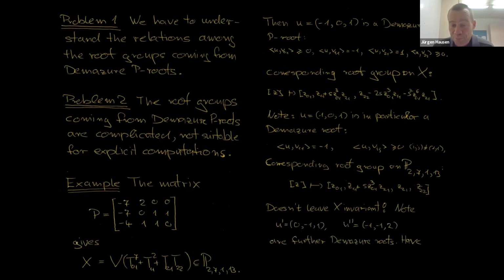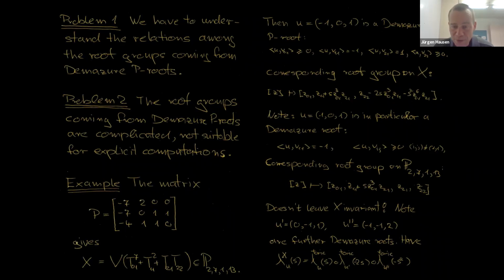What can we do? In this case, we can study the example and find two further Demazure roots. They are not Demazure P roots, but they are Demazure roots. And with the help of these two Demazure roots, we can do something. Namely, the root group of our Demazure P root on the left-hand side of the equation can be expressed via the toric root groups corresponding to the ordinary Demazure roots in question.